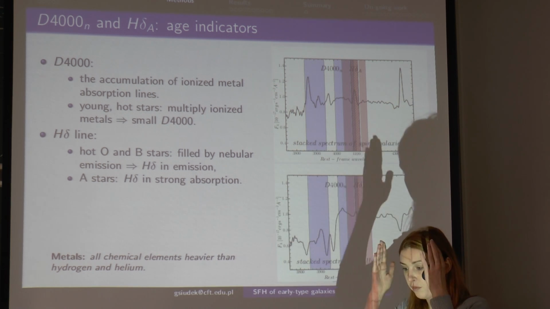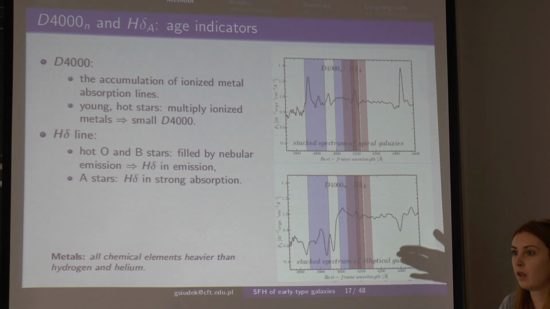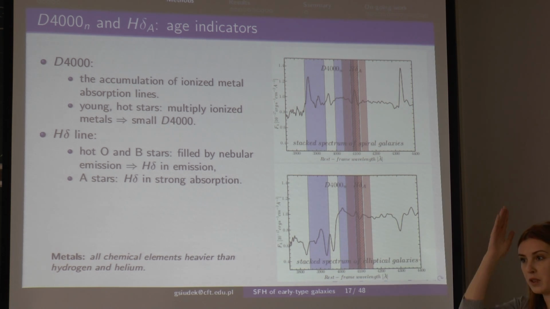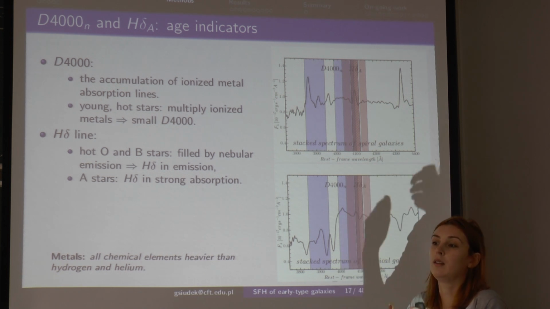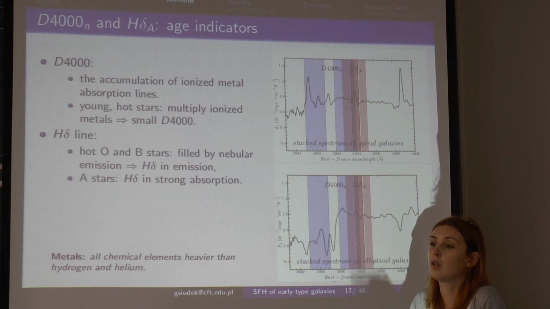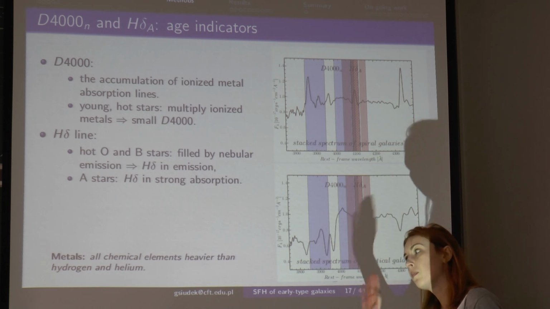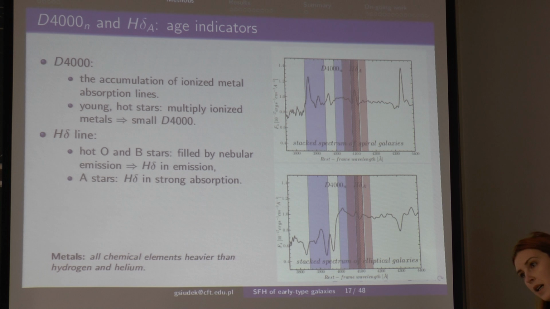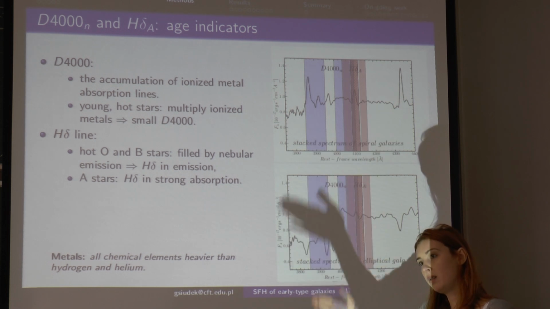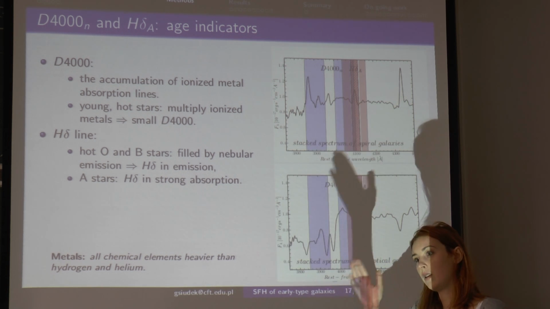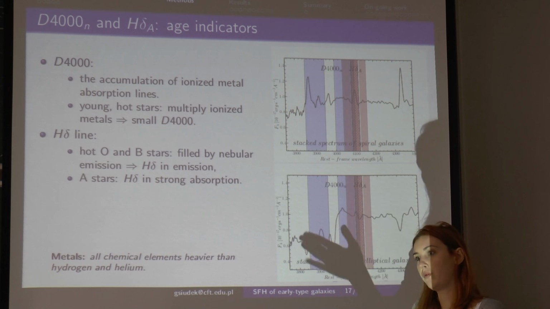All stars were formed very rapidly, suddenly, and then no new stars were formed. But this is just one theory, and we have another, that it was not so rapid. But in red passive galaxies, the most probable scenario is that they were formed very rapidly, and then the star formation was quenched very fast.